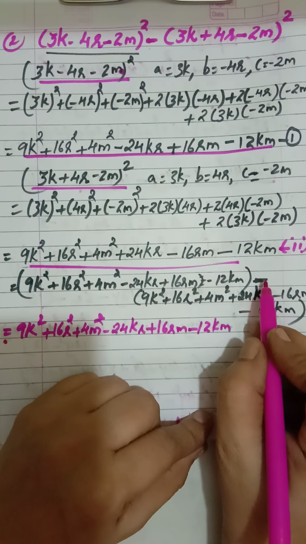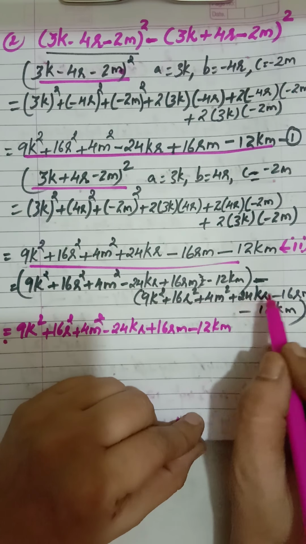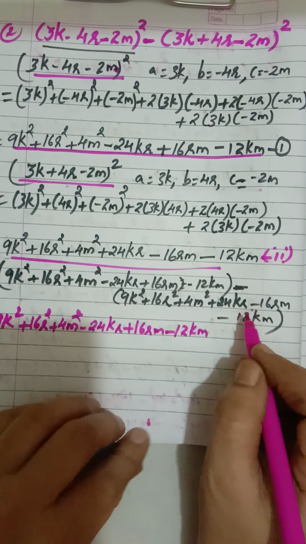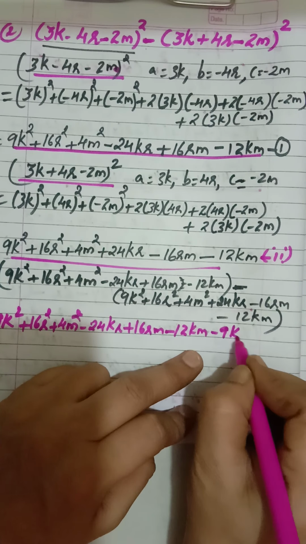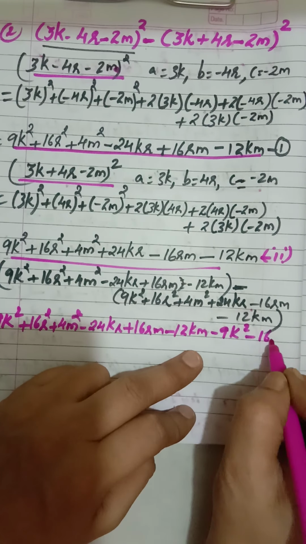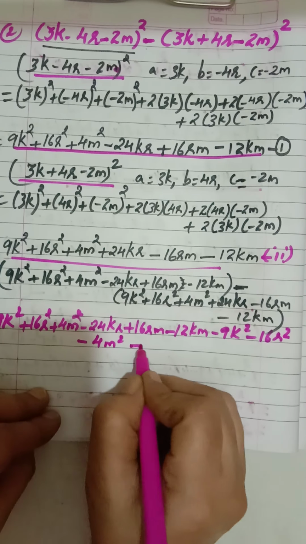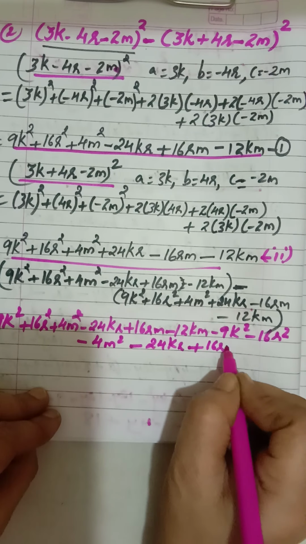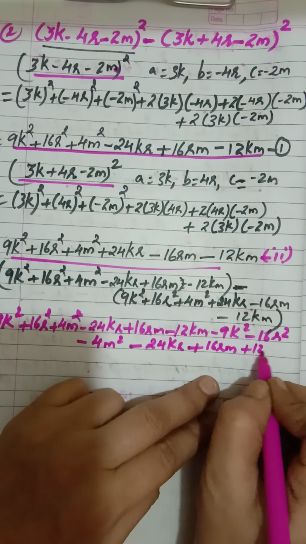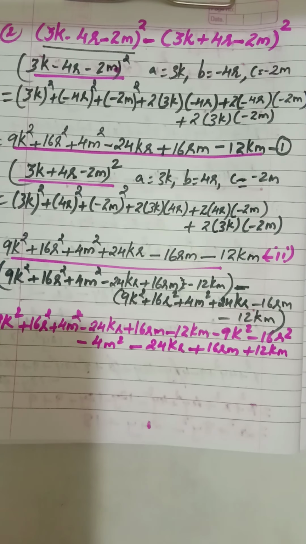Now see, children, there is a minus sign here before the second bracket, so all the terms inside the second bracket will have their signs changed. So it will now be minus 9k square minus 16r square minus 4m square minus 24kr plus 16rm plus 12km. So minus terms become positive.